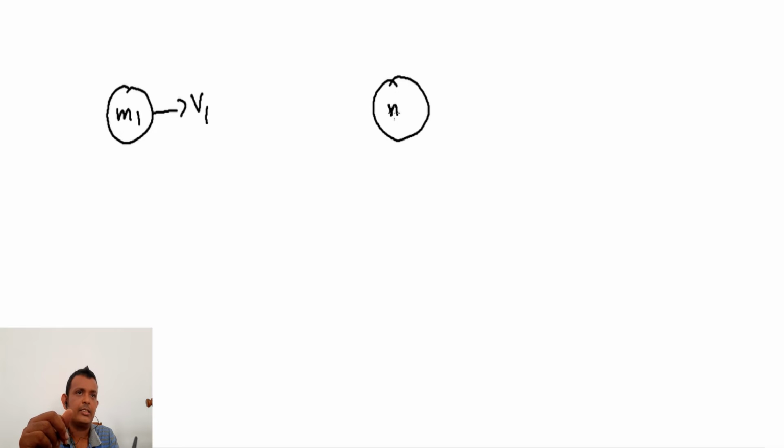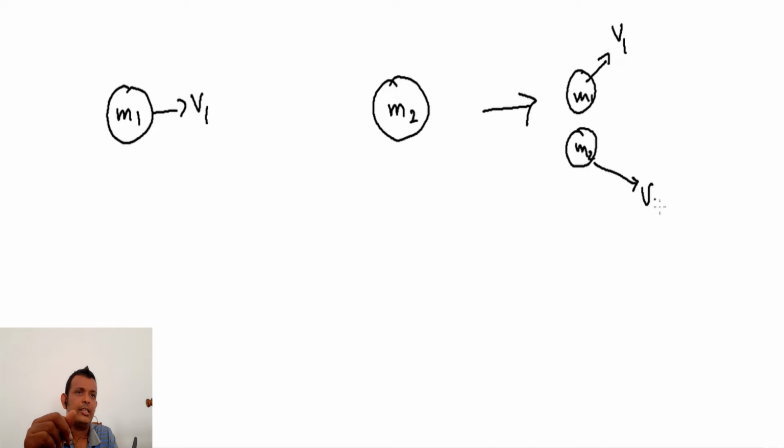After the collision, m1 moves with velocity v1 and m2 moves with velocity v2, making angle theta 1 and theta 2 to the horizontal respectively. I will change this one to v, that will be better. The initial velocity is v.